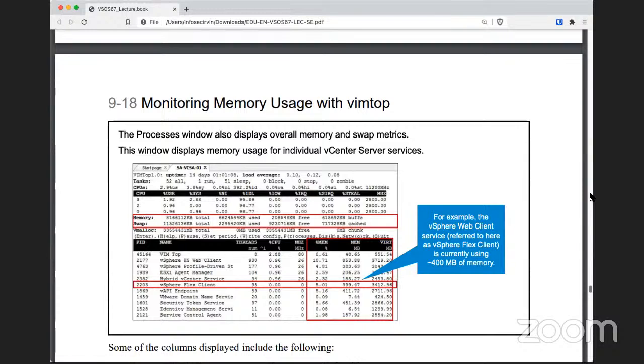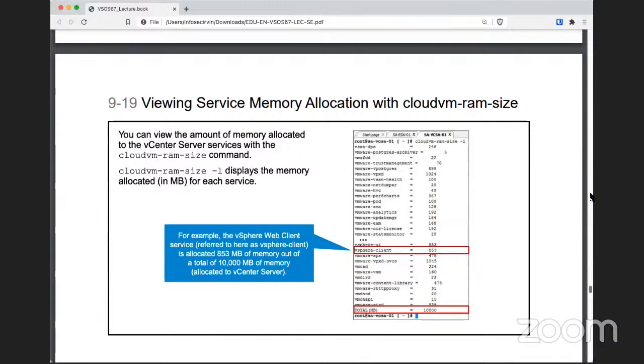Again, just like CPU usage, you can monitor memory usage using Vim top as well as the GUI method. We can also view the amount of memory allocated to a vCenter server service with Cloud VM RAM size. And it'll tell you how much RAM is being used for each service.